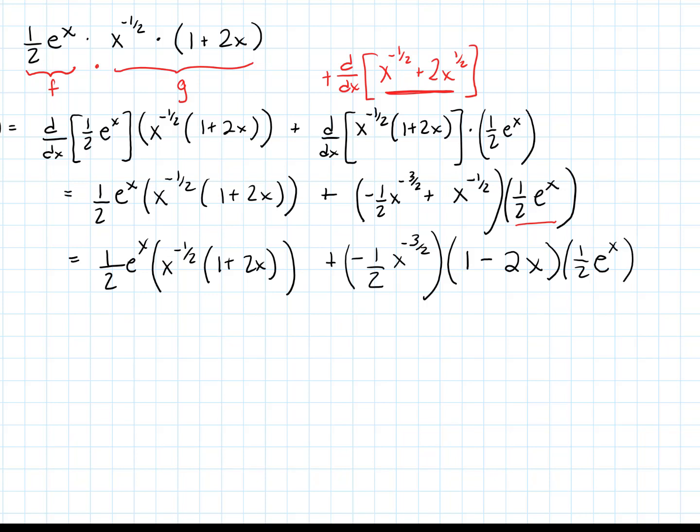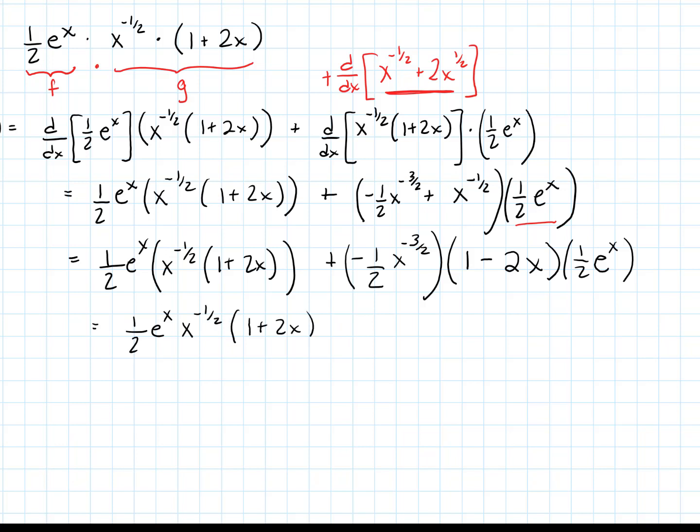Now, this is all kinds of messy in my eye. So I am going to do a little simplification here on that second term, and then we'll look for a common factor. I definitely feel like I can see some e to the x's and x to some powers that I'm going to want to pull out.